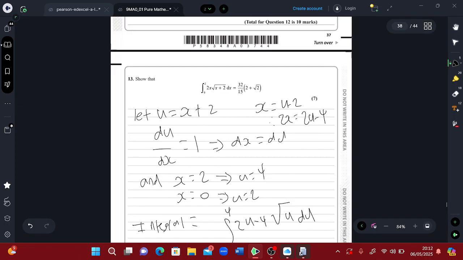Actually look, the answer has this root here, which tells us you can't really simplify it to get an actual number. The calculator won't really give you a number like this. So that makes sense here.